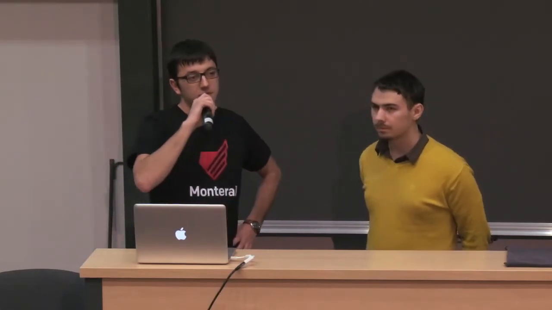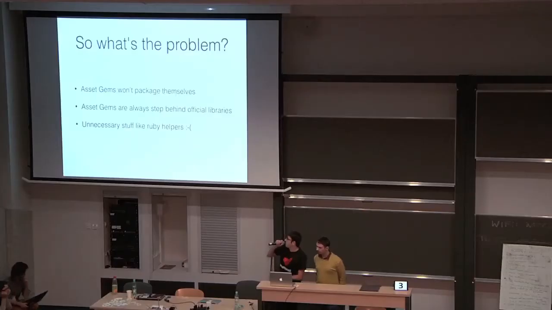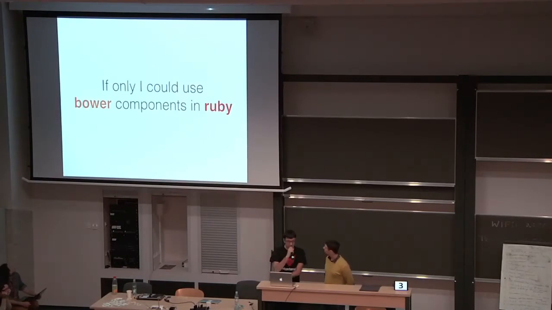They are always behind the original releases, and the jQuery version versus the jQuery Rails gem version is a complete mess. And there is a bunch of Ruby helpers inside. So if only we could use Bower components in Ruby, that would be awesome.